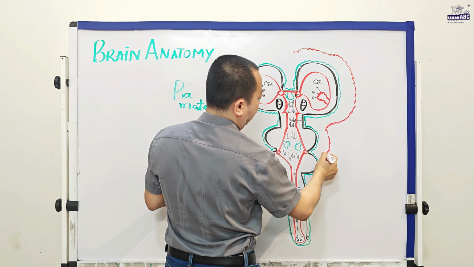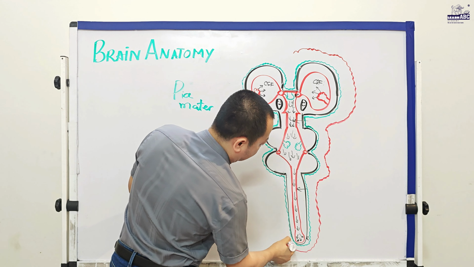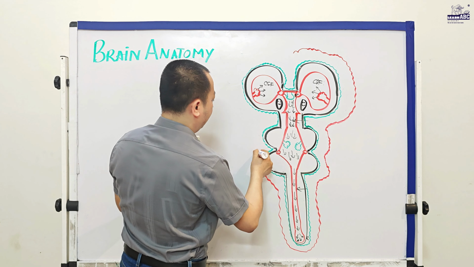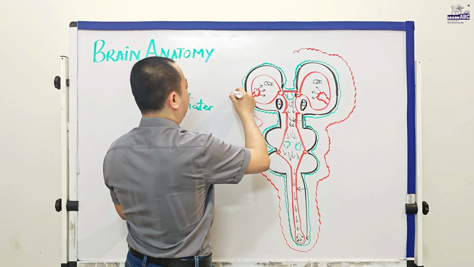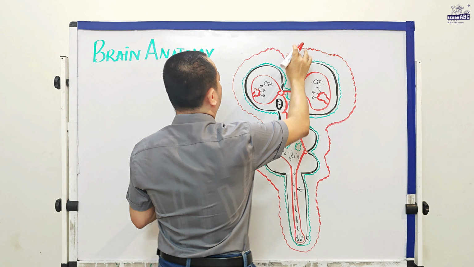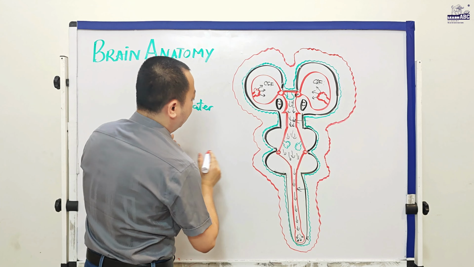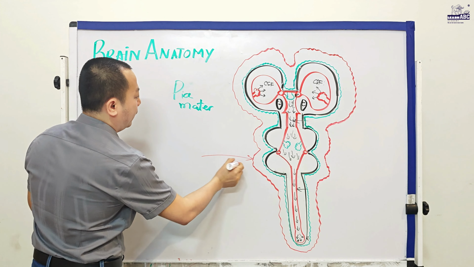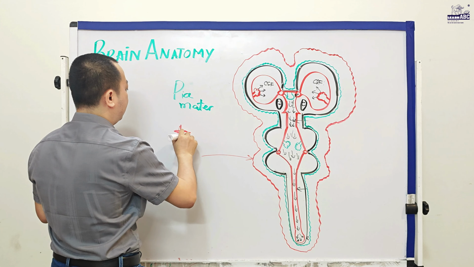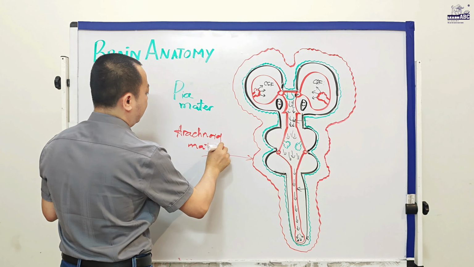I make it very big for you to understand easily. Bit like this, right? And then this meningeal layer, we call arachnoid matter. Arachnoid matter.